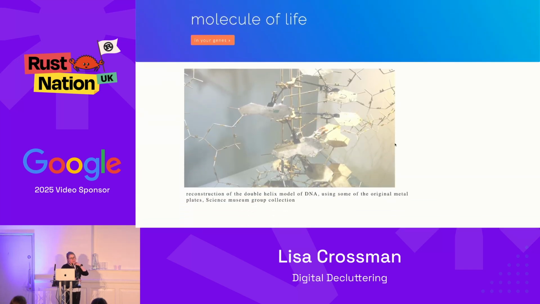Where I come into it then is really that I'm interested in DNA, which is of course the molecule of life. This is a reconstruction of the double helix model of DNA, which uses some of the original metal plates that James Watson put together in the 1950s, and you can find this here in London in the Science Museum.